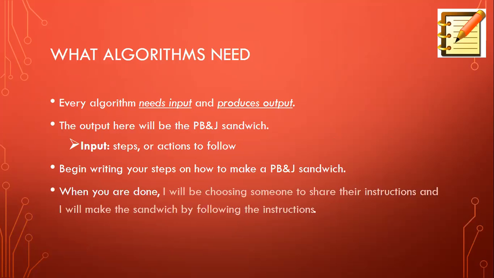So in this case, the output would be the peanut butter and jelly sandwich. The input would be the steps or the actions that you tell me to follow, right? So the end result is the PB&J. The input is how to make the PB&J, the steps that you're telling me, the algorithm you're telling me to follow, okay?